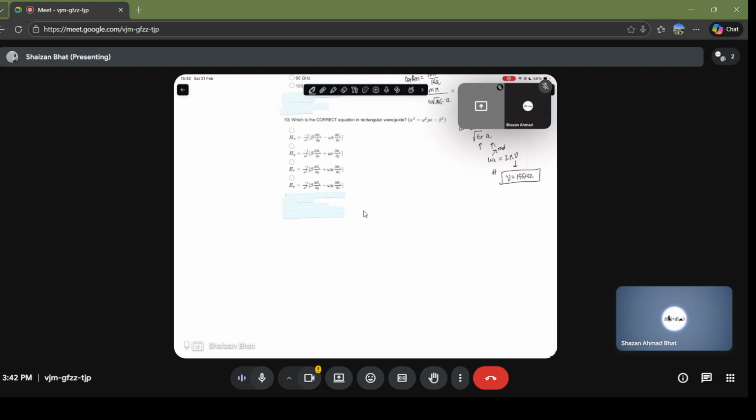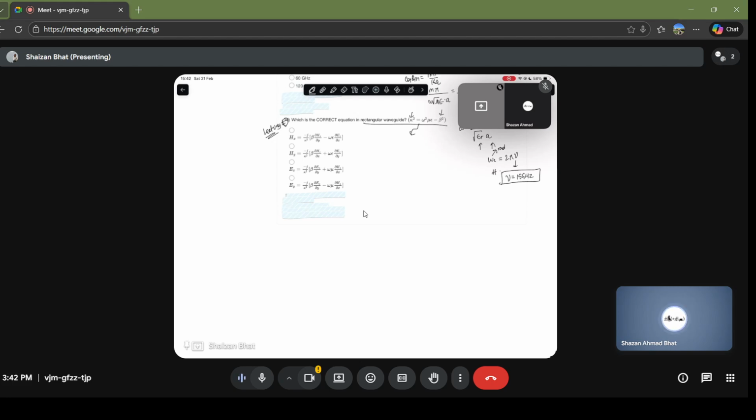Now, this is basically directly from the lecture, so I'm not going to discuss it. Which is the correct equation in the rectangular waveguide? This is the equation which takes into account the propagation constant, the beta, which is the propagation factor.